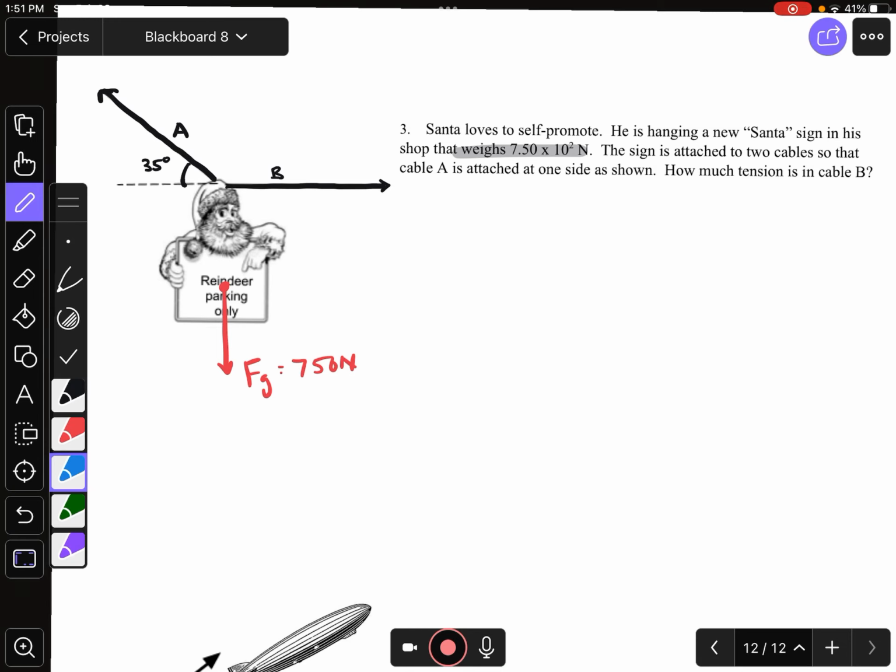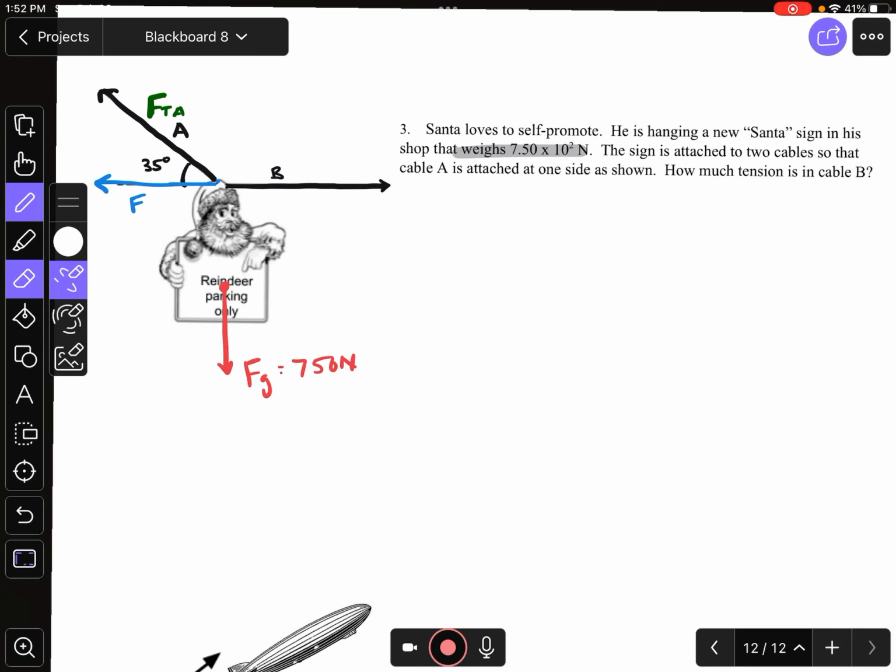And then here I have something on angle. So I'm going to break these up into components. Let's call this hypotenuse here F tension in A. We'll call this F tension in B. I'm going to call this FT A, but in the X direction.